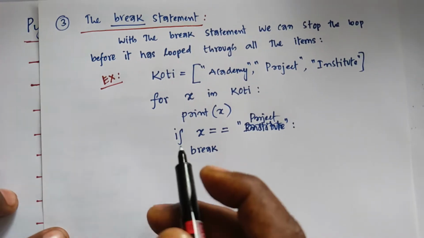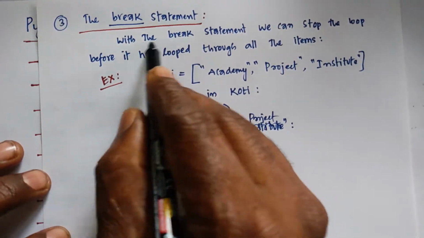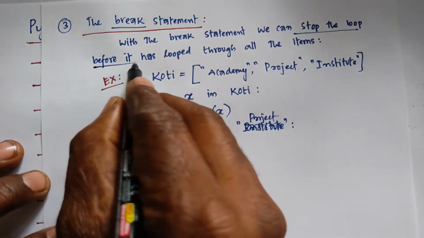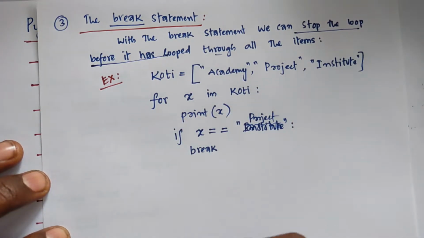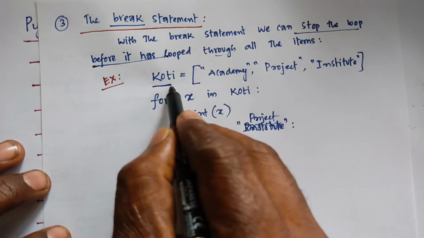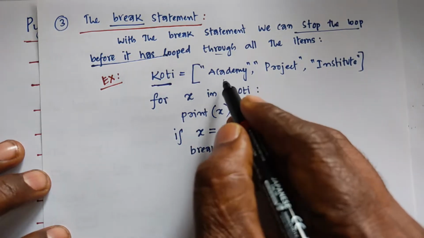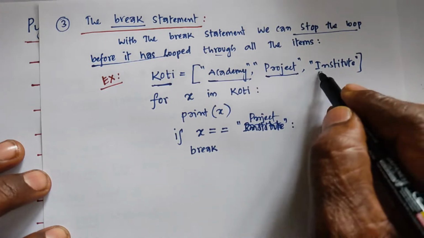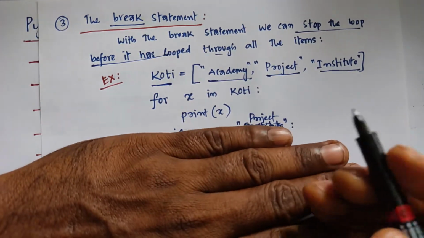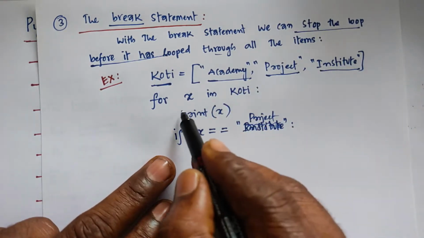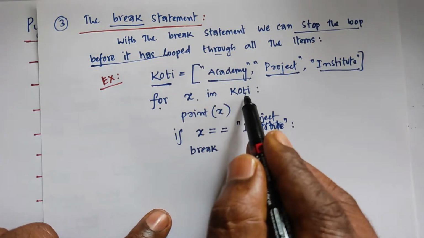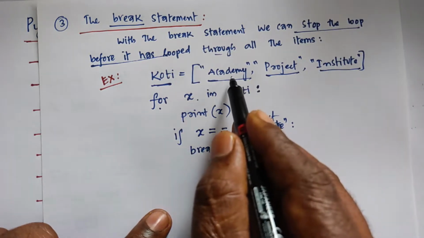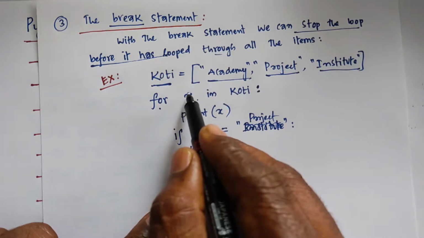Next, the third one is the break statement. With the break statement, we can stop the loop before it has looped through all the items. For example, the variable quote has academy as one item, project as another item, and institute. As in the previous case, for x in quote, at the end we use a colon. The first item of quote is academy, moving into x.